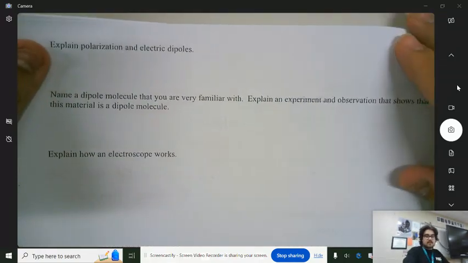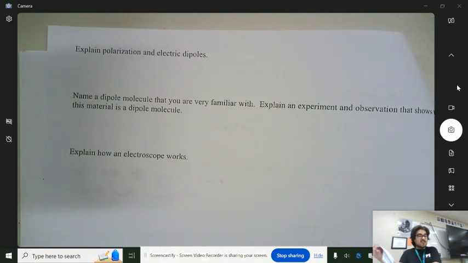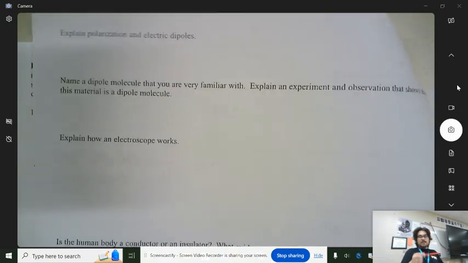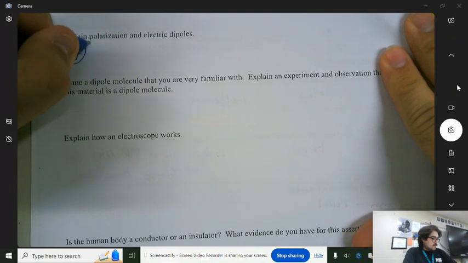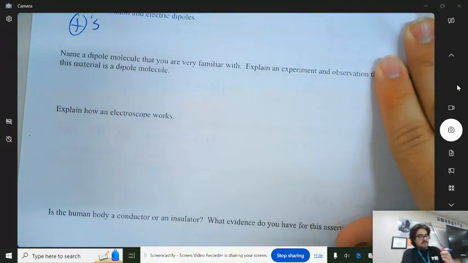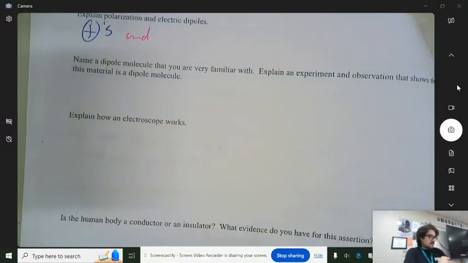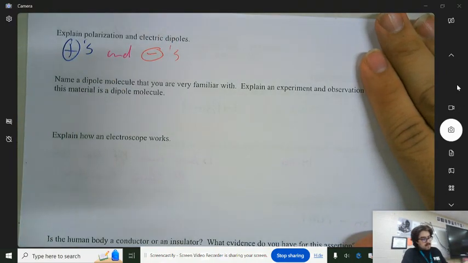Okay, let's talk about polarization and electric dipoles. Polarization we briefly talked about already, but basically what happens is that the positive and negative charges in the object are going to separate.